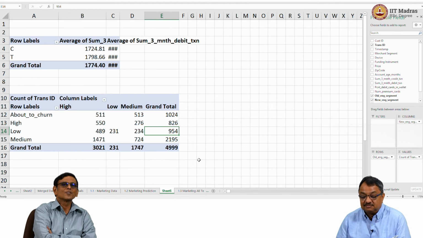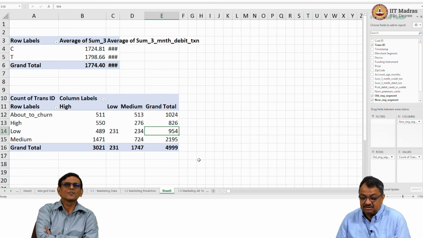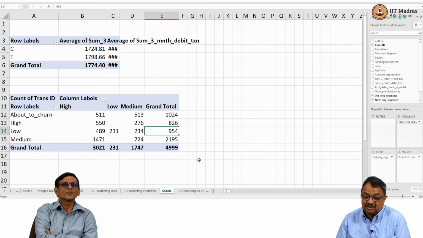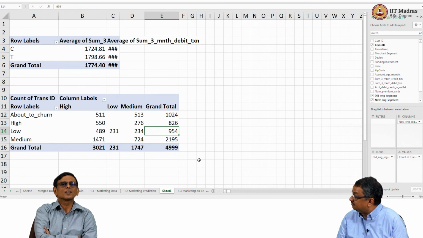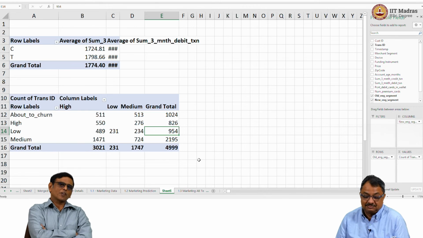And of the low engagement users, almost half have moved to high, and a quarter have moved to medium. This is good. So we have had an impact on about to churn and low engagement customers.